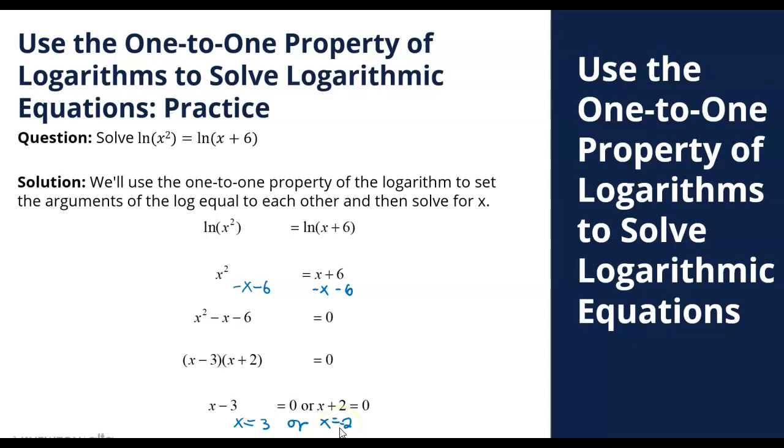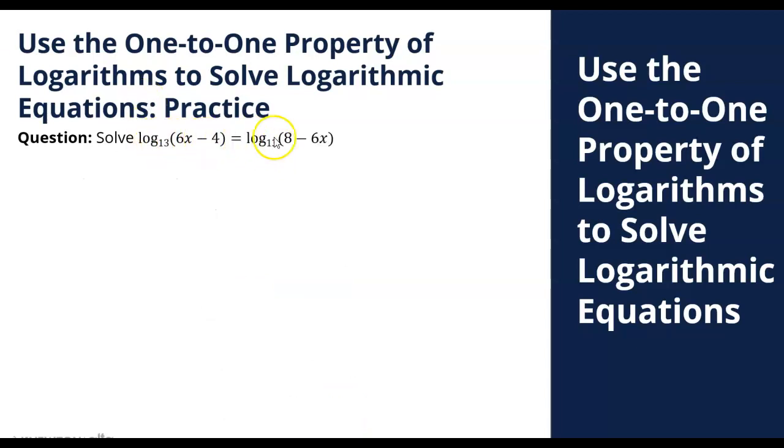Now if x is negative 2, then negative 2 squared is also positive. And negative 2 plus 6 is positive 4. So both of these values of x will hold. So x is equal to 3, or x is equal to negative 2.